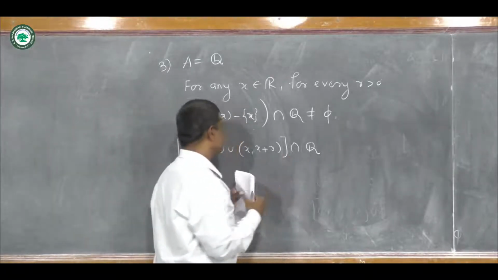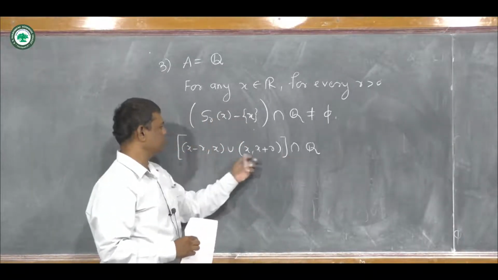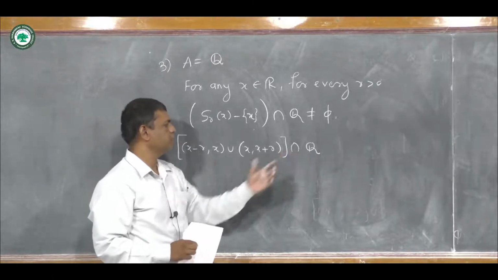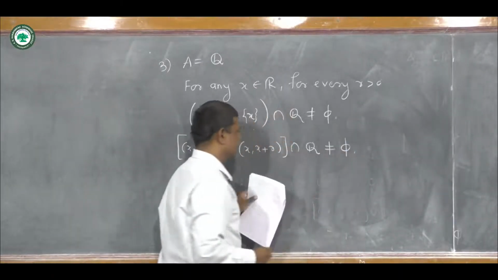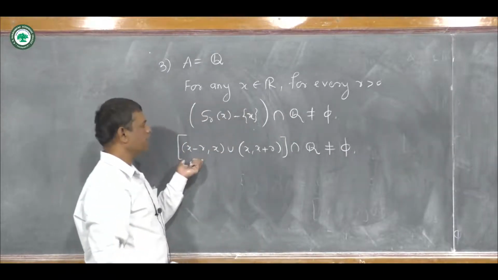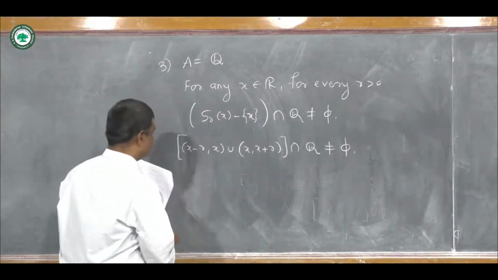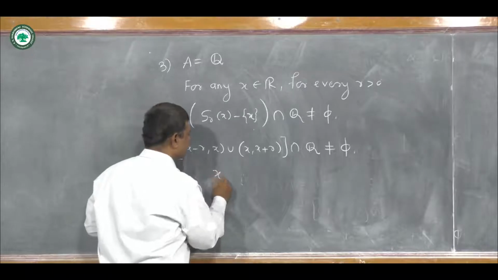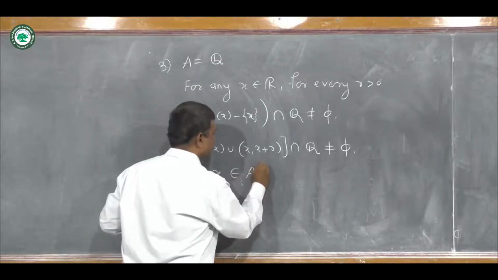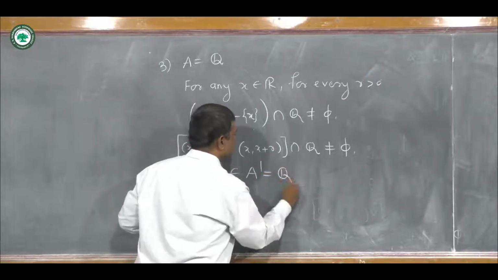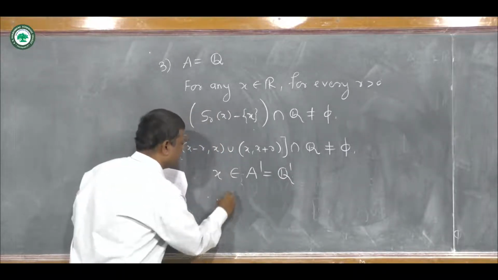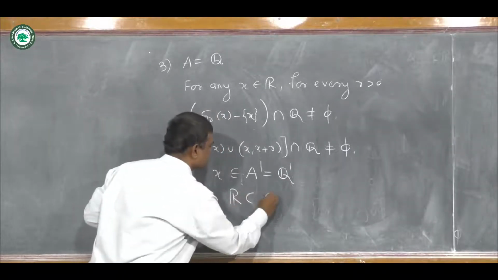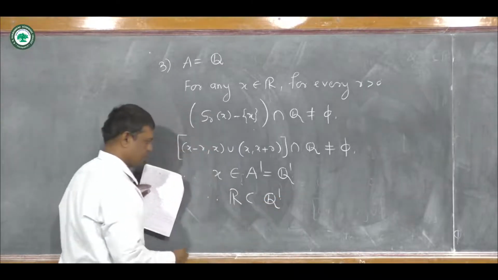So if you take the intersection of these two open intervals with Q, the intersection is always non-empty for every r greater than 0. Therefore x is a limit point of Q, so we get that R is contained in Q dash.